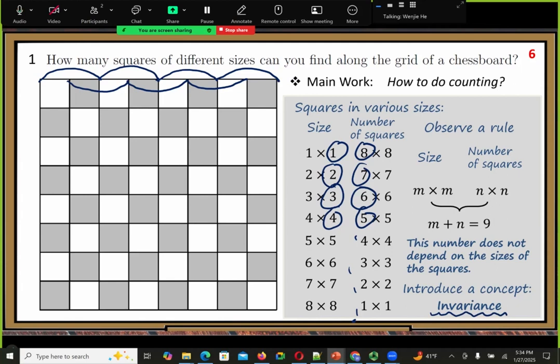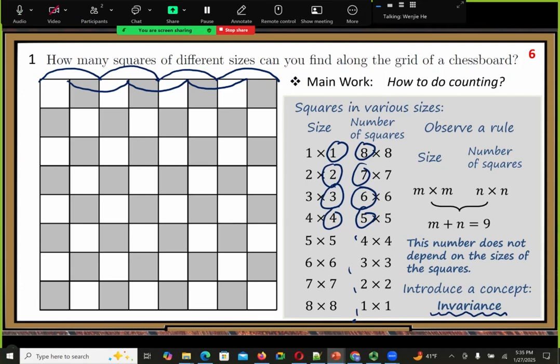So last time, after we worked on our data, two columns of data, we did observation. After we completed everything, we wanted to find some common rule. Here we found the size.